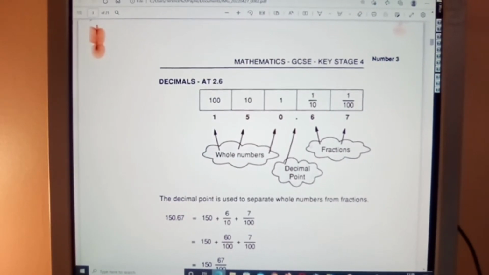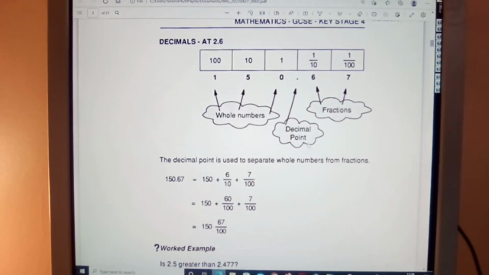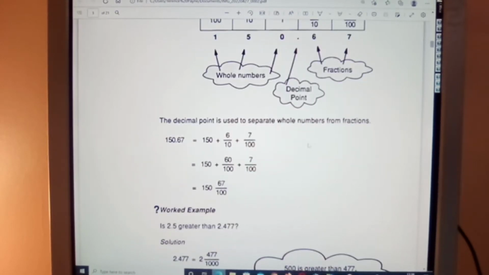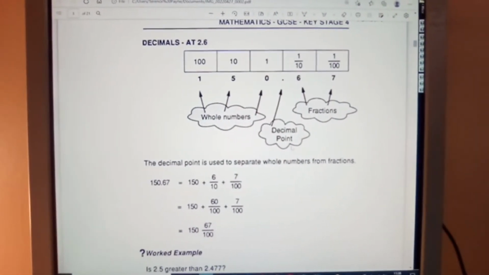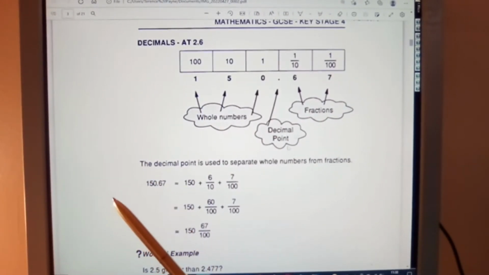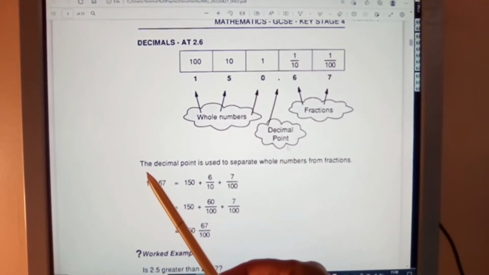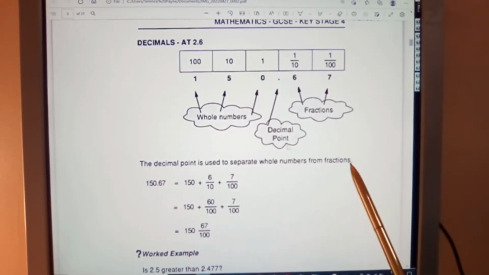The decimal point is used to separate whole numbers from fractions.